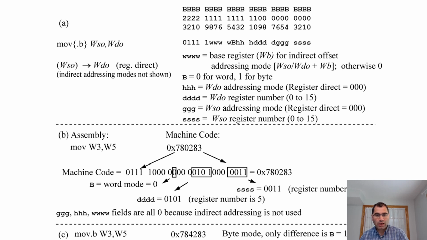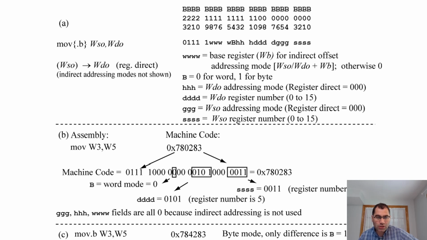As we can see, the machine code is 24 bits wide, and this is the format. You see here a bunch of fields for the format of the machine code.